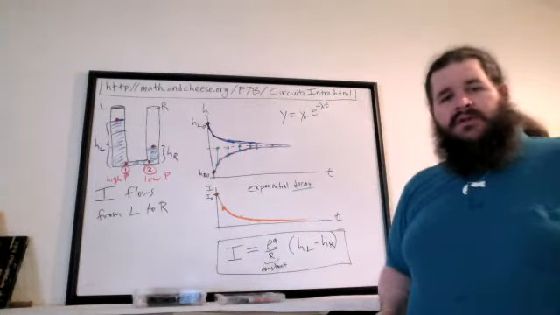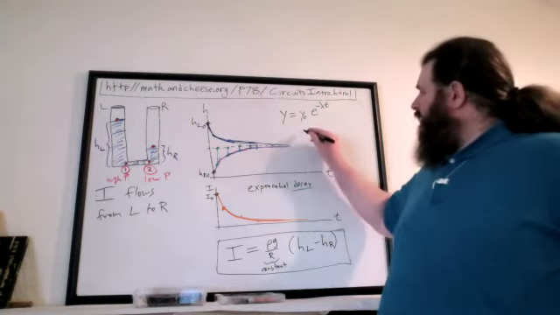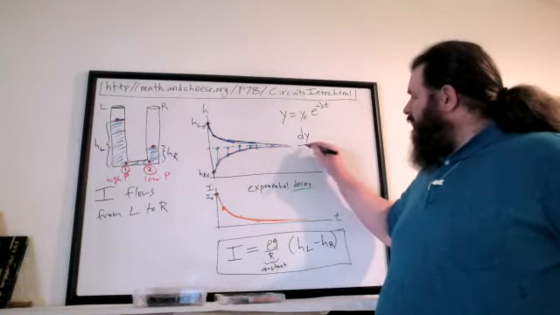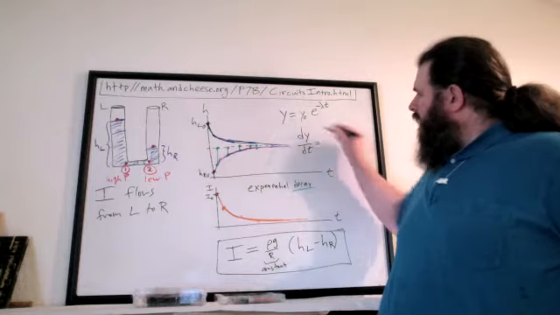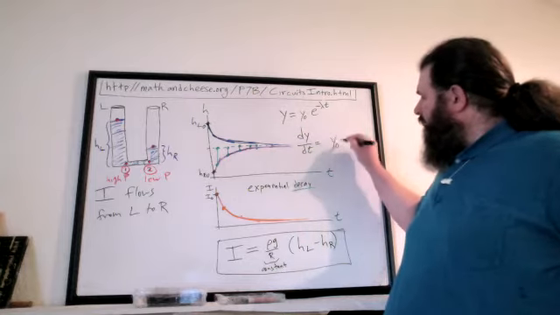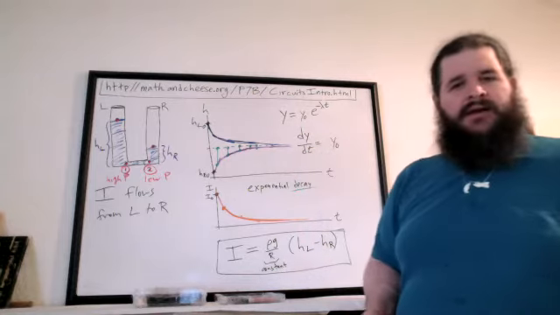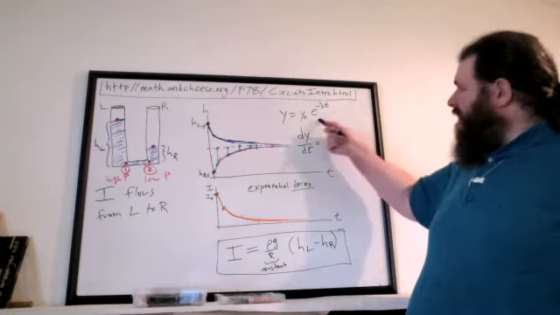And the important result of this is what happens if we take the derivative. If you take the derivative of this function, y0 is just a constant, so we can just leave that in place, constant multiplier. What's the derivative of e to the something t?